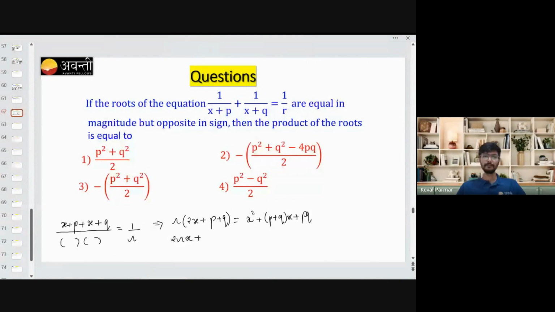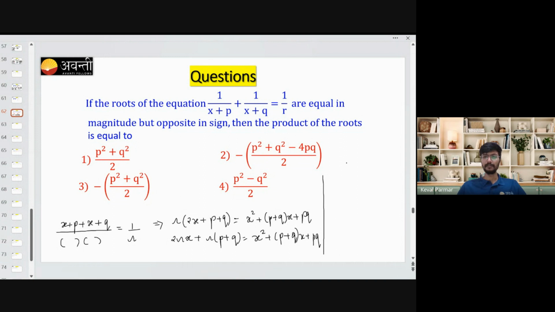So if we simplify it, we get 2rx plus r into p plus q is equal to x squared plus p plus q x plus pq. Now simplifying the quadratic equation further, we take everything on one side.